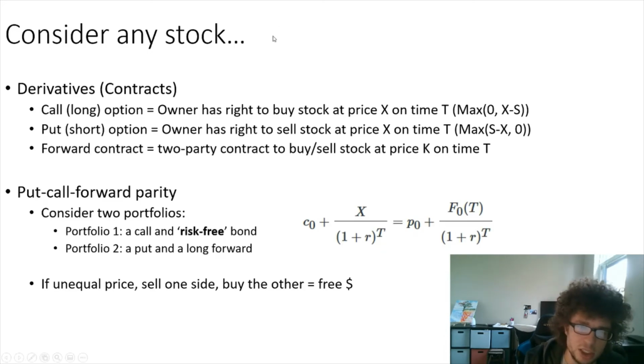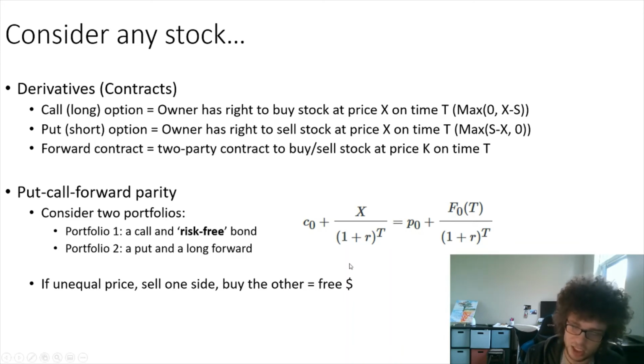This is just a quick example. I'm not going to go too much into detail, but basically you have a call option, which is the right to buy a stock at a certain price, and you also have a put option, which is the right to sell a stock at a certain price. And you also have a forward contract, which is a contract where you have to buy or sell at some price at some time.